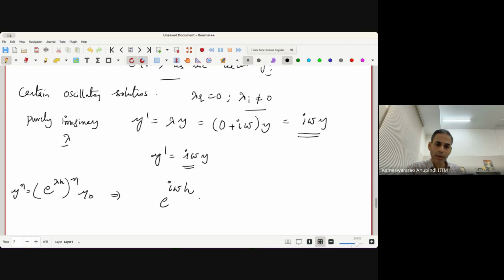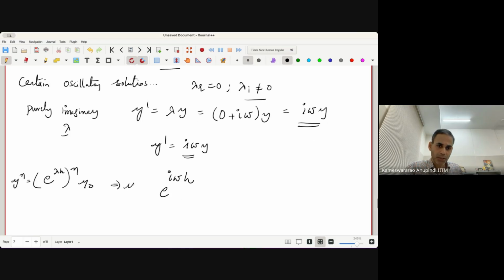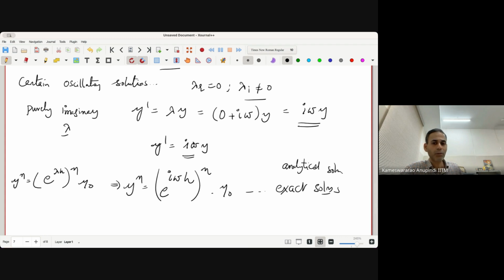So yn equals e to the power i omega h, to the power n, times y0. This is the exact analytical solution for this problem. I essentially substitute lambda equals i omega, with the real component equal to 0. So we are looking at a purely oscillatory solution.